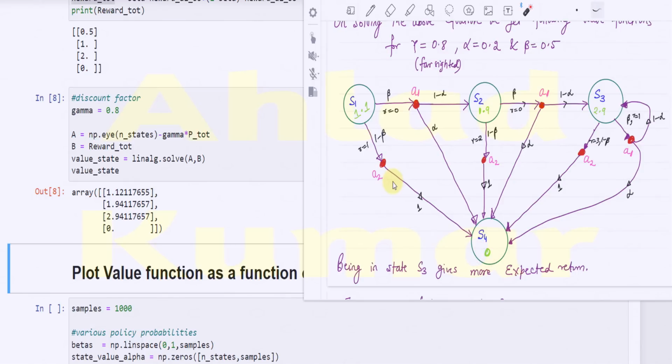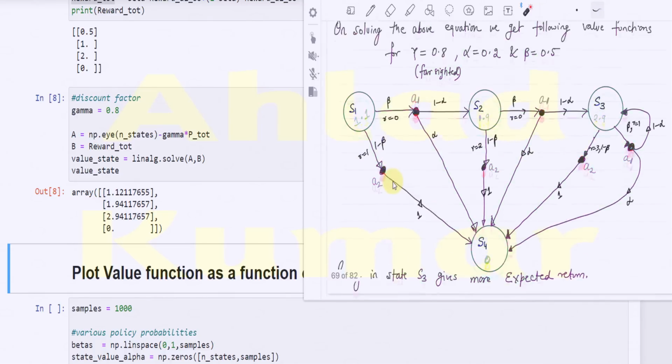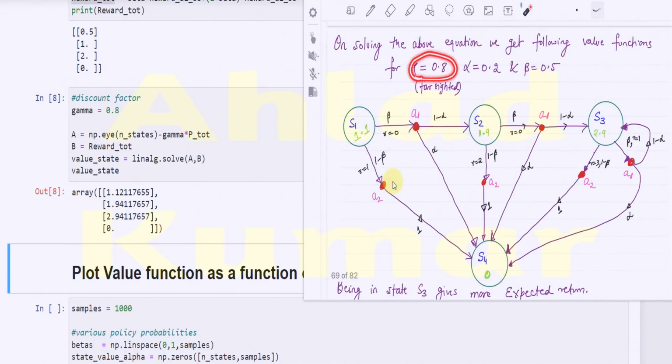And this particular state is an ending state, or you can say it's the state where the algorithm ends. So normally, we put the value function of that state as 0. You can see from this observation, where you have taken gamma as 0.8, alpha as 0.2 and beta as 0.5, that gamma being 0.8 means you are far-sighting your profits.